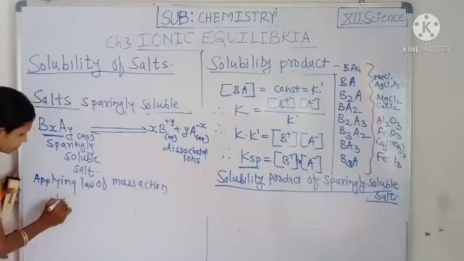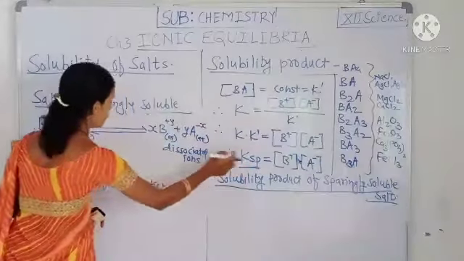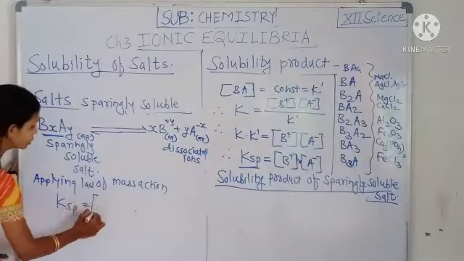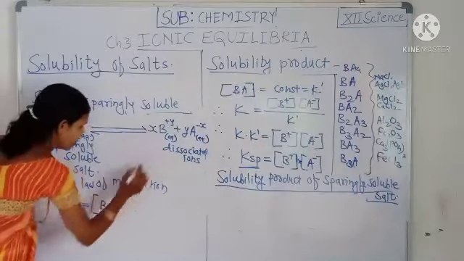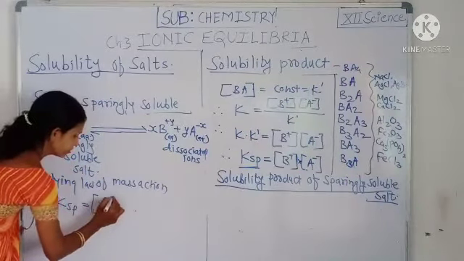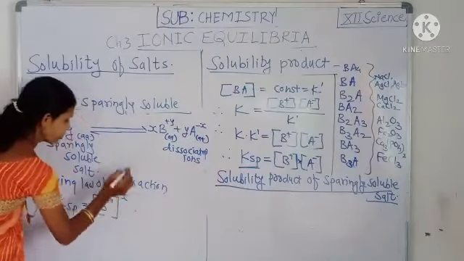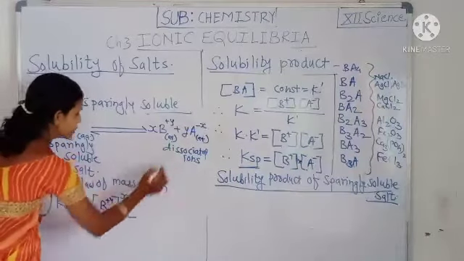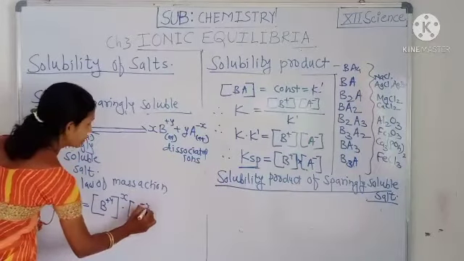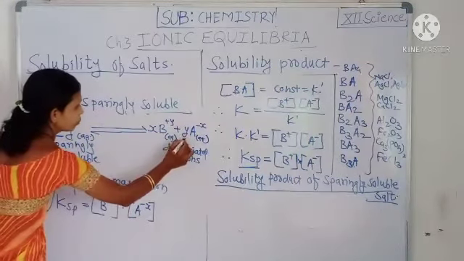Then, applying the law of mass action, we can directly write KSP equals the concentration of B to the power y plus ion raised to x, into the concentration of A to the power x minus ion raised to y.